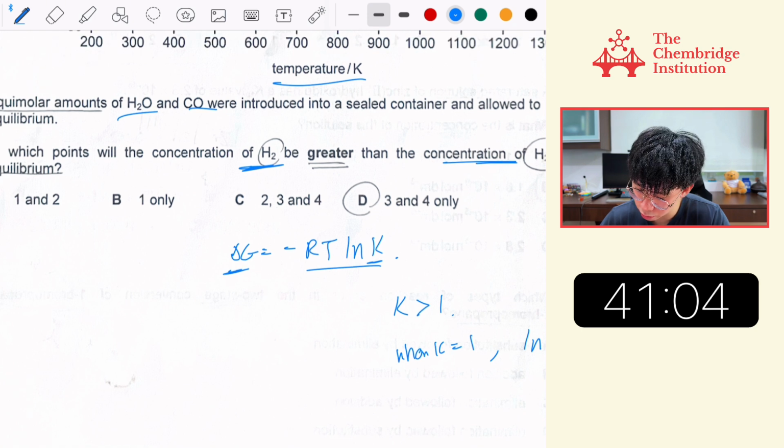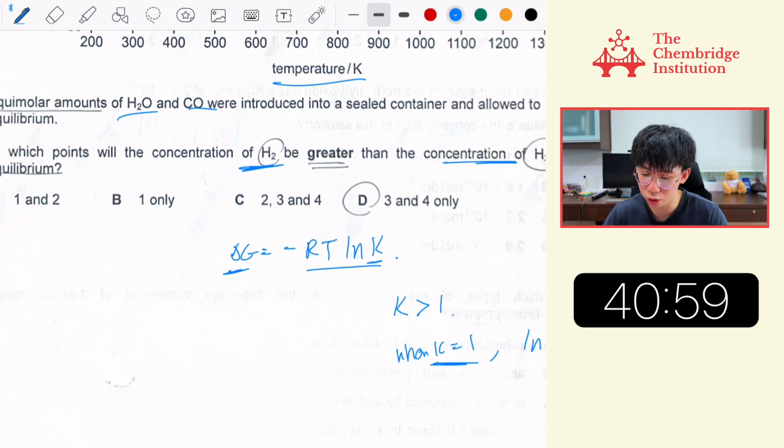Because when K goes to 1, that means the concentration of H2O and H2 is probably the same. It's probably not when K is... Yeah, when K is greater than 1, you can work backwards to it, and then you can see this delta G over here.